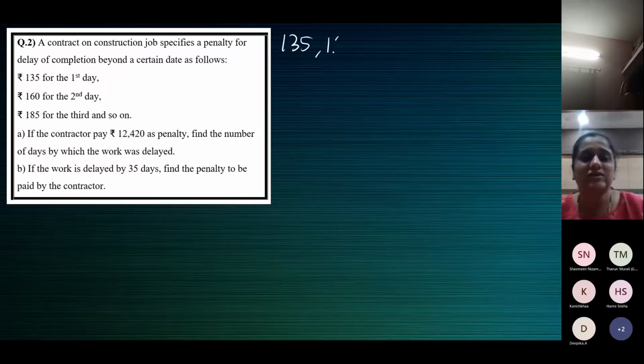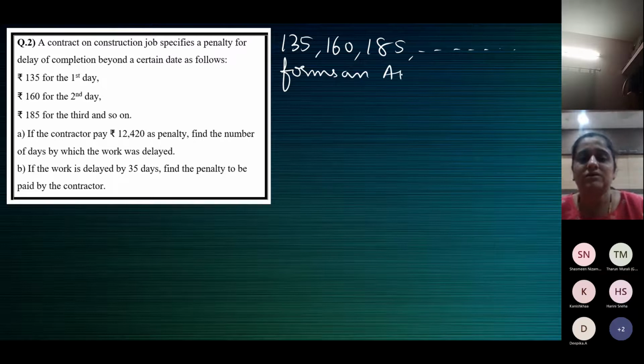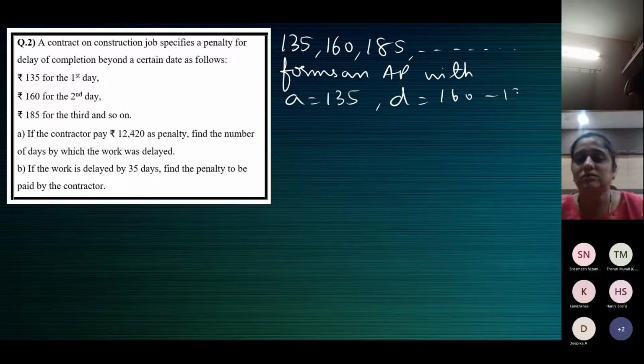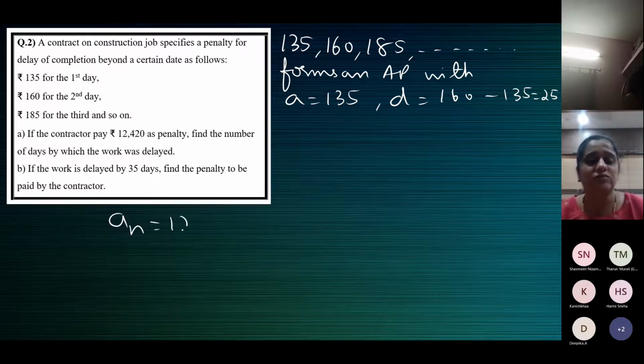Okay, 135, 160, 185 forms an AP with A equal to 135 and D equal to 160 minus 135, which is 25. So Sneha said AN is 12,420.